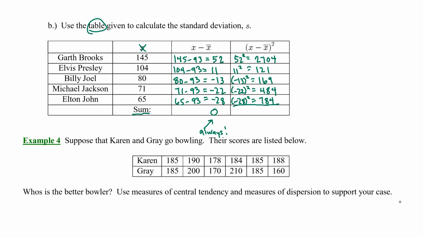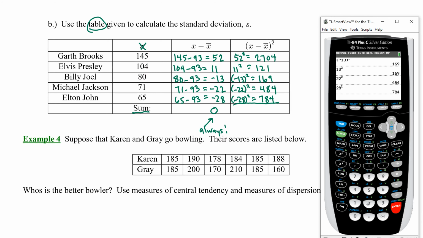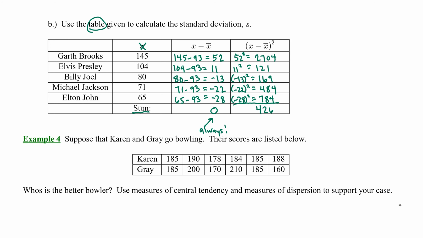So I'm going to simply sum those numbers in the column. 2704 plus 121 plus 169 plus 484 plus 784. The sum there is 4,262.